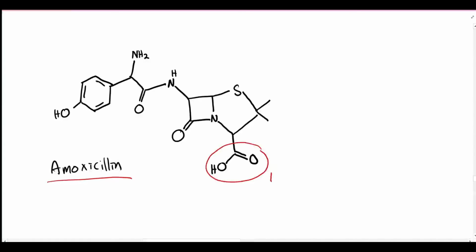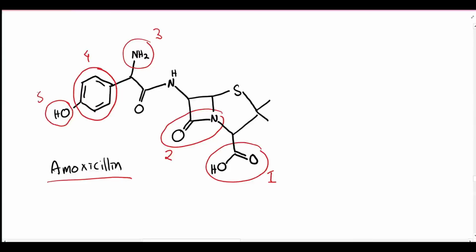So this is number 1. I want you to identify this one, so that's 2. Identify this one, 3. Identify this one, 4. And the last one is that one, 5. So what is number 1, 2, 3, 4, and 5?